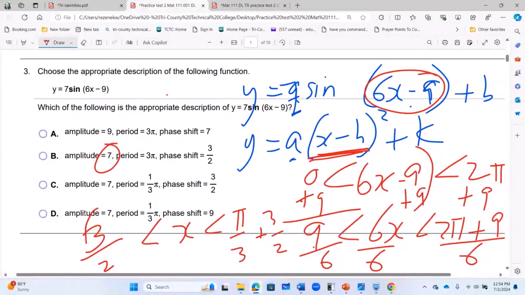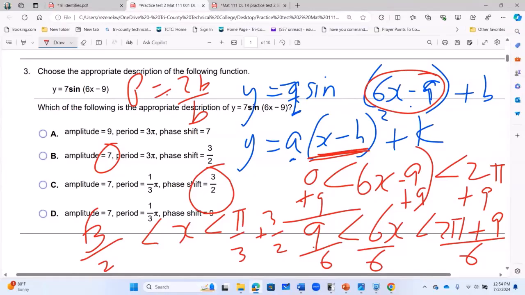First of all, we know that the phase shift is 3 over 2. And then you can go back and put that in and solve for b. Okay, so remember that the period is 2 pi over b.